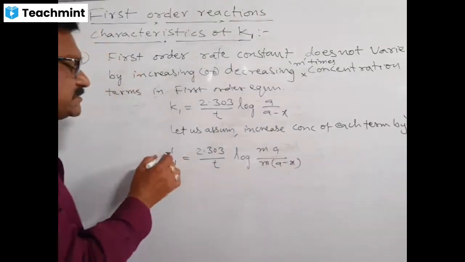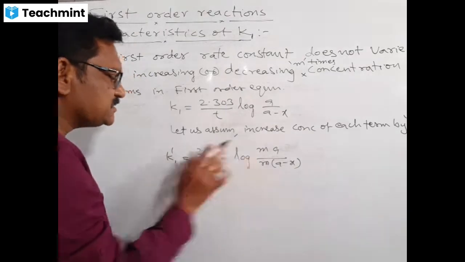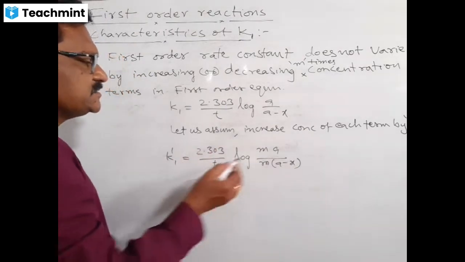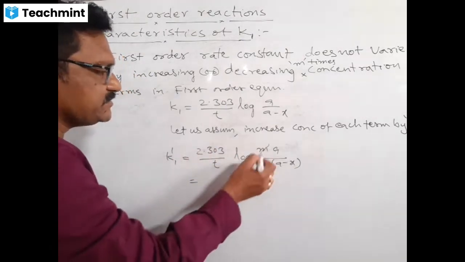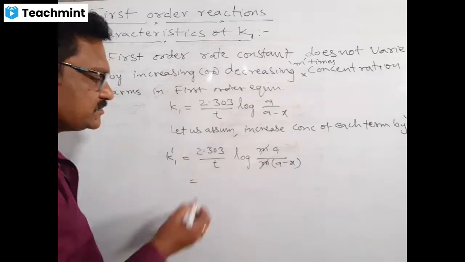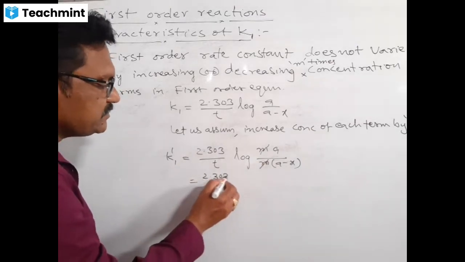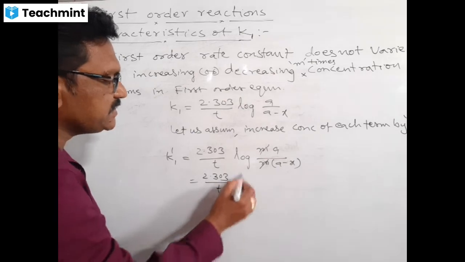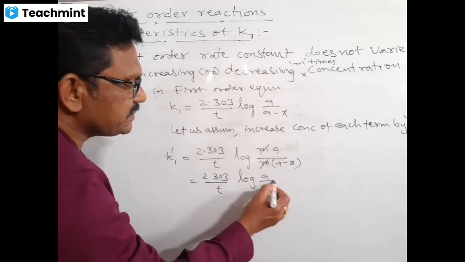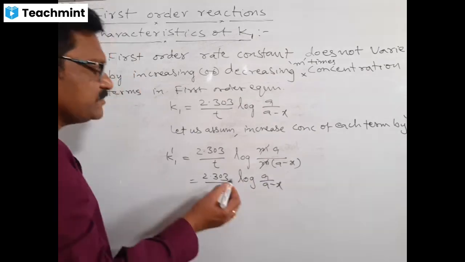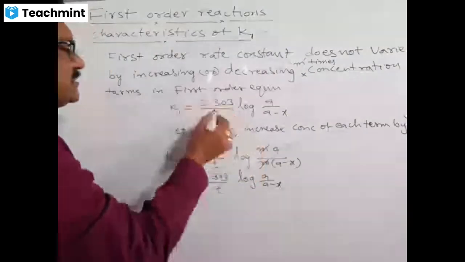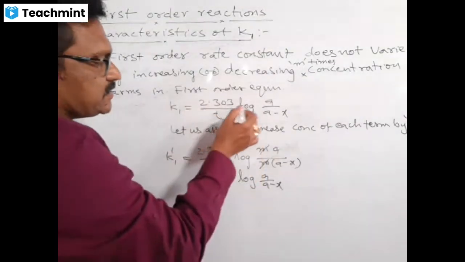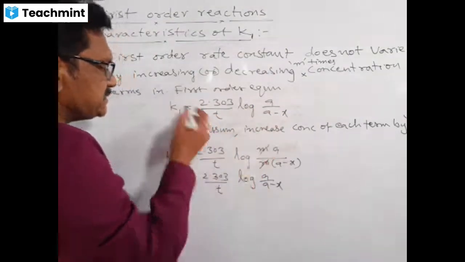That's why, if a change occurs, you put K dash. So here M should be cancelled out. You are getting 2.303 by T log of A by A minus X. Of course, what is this value? 2.303 by T into log of A by A minus X means K1.